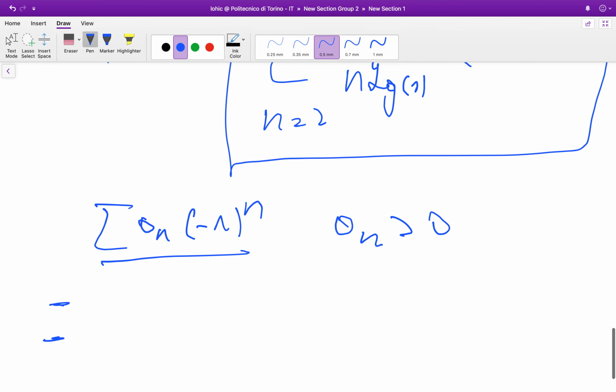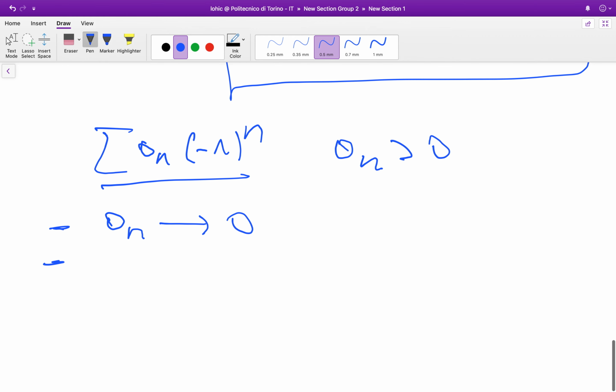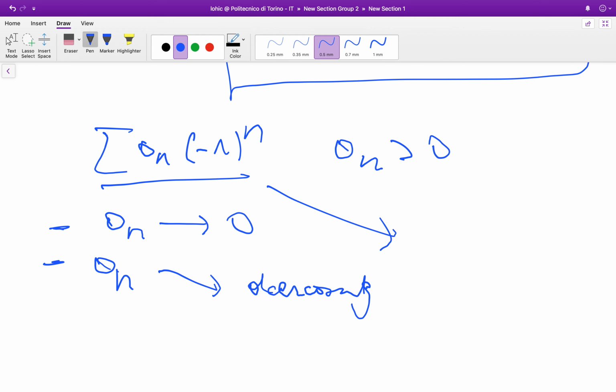The Leibniz criterion says that if a_n tends to 0 and a_n is decreasing, then this series converges. Is that clear?